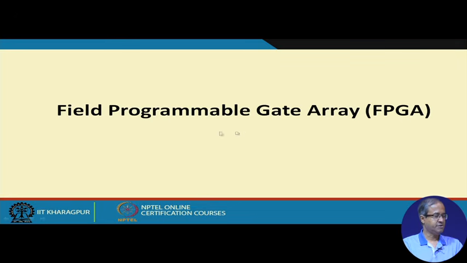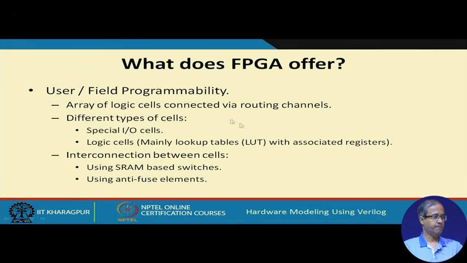Fine. So, we start with FPGA, field programmable gate array. Now, FPGA, as I mentioned earlier, offers user programmability or field programmability, means we can do the programming in our lab, sitting in front of a table. Now, what is an FPGA really?